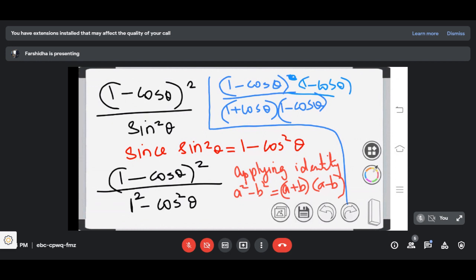So we can cancel one 1 minus cos theta from the denominator side against one from the numerator side. See what is remaining? 1 minus cos theta divided by 1 plus cos theta. Then write equal to RHS. Hence proved.